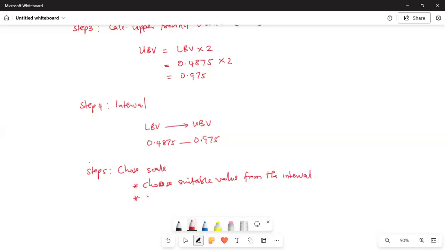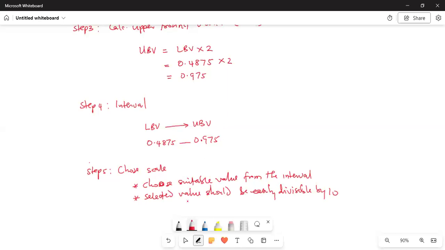And then the second thing is that selected value should be easily divisible by 10.